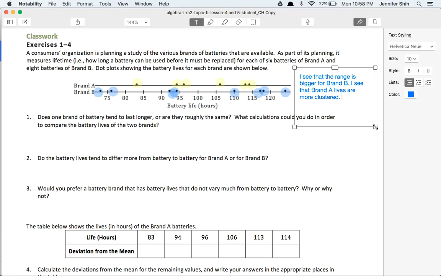That's about what I see right now. I just scanned it. I don't even know what these questions are yet. 1. Does one brand of battery tend to last longer, or are they roughly the same? What calculations could you do in order to compare the battery lives of the 2 brands?